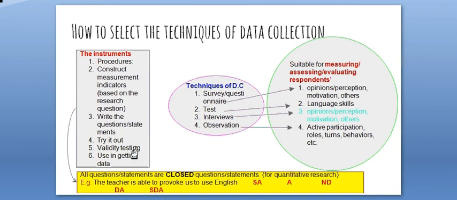And after you are sure that your instruments are valid, then you can use them for getting the data. You can use it for pre-test and post-test, or you may opt for the post-test only.